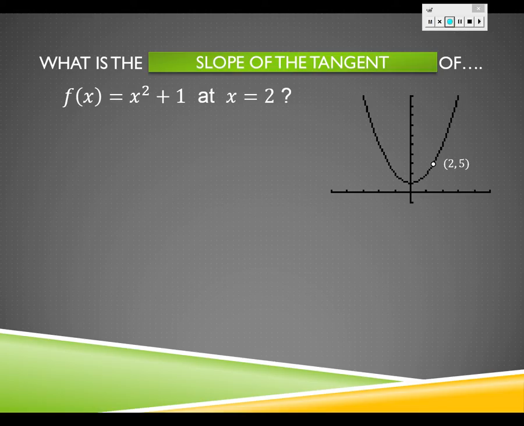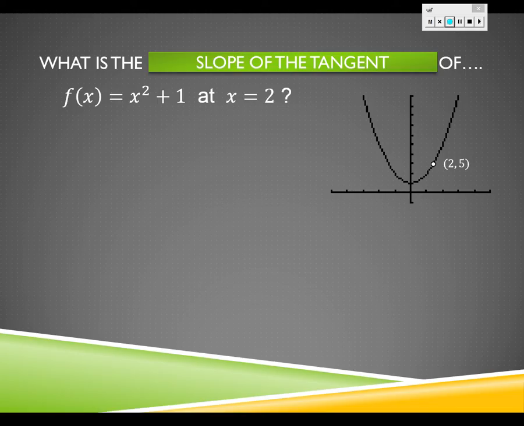Okay. So can I do this a second time, please? Just for fun? But this time, I'm actually going to work with this expression, and we're going to see what we get here. We're still working with the same function. So x plus h squared plus 1, that's f of x plus h, minus x squared plus 1, that's just f of x, all over h.